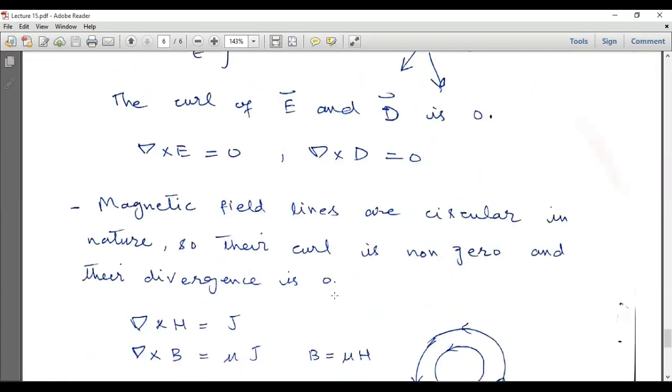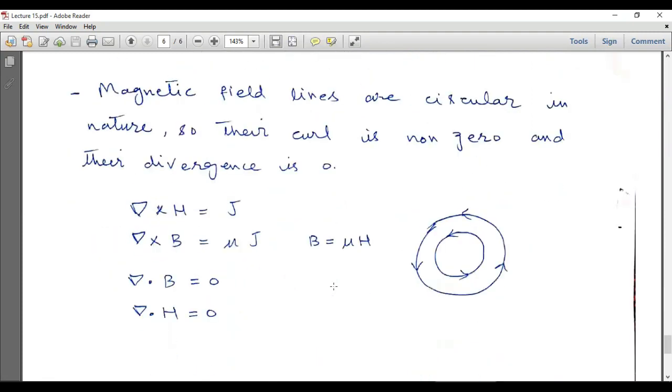Now we move towards the magnetic field lines, and we know that magnetic field lines are circular in nature, so their divergence will be equal to 0. So del dot B and also del dot H are equal to 0, but their curl will be non-zero because they are circular in nature.